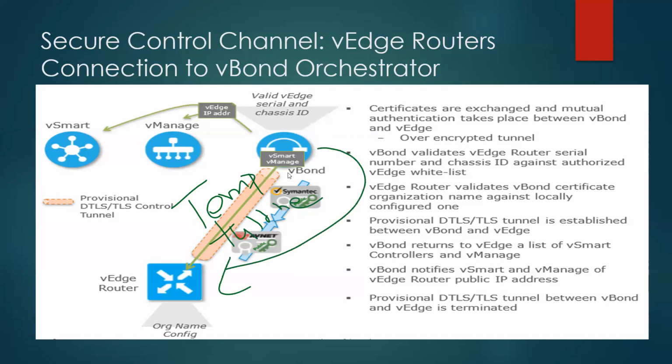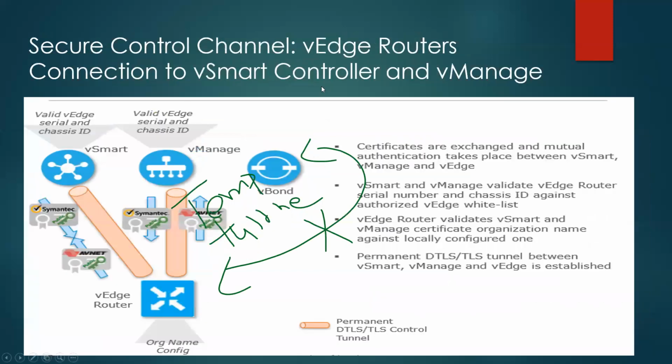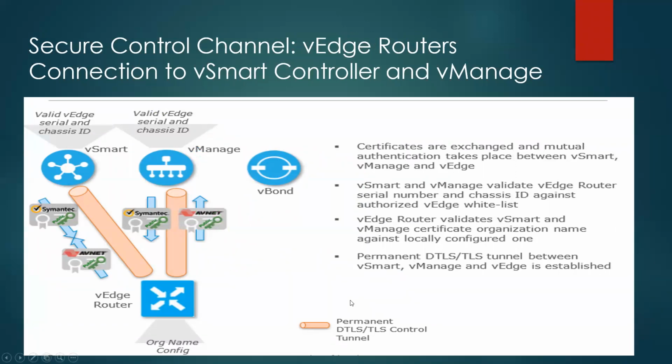Once the vBond and vEdge devices get authenticated, then this tunnel will get broken down. And you can see here in this diagram, this tunnel will get broken. And then the edge devices form the permanent or persistent tunnel only with the vSmart and vManage.